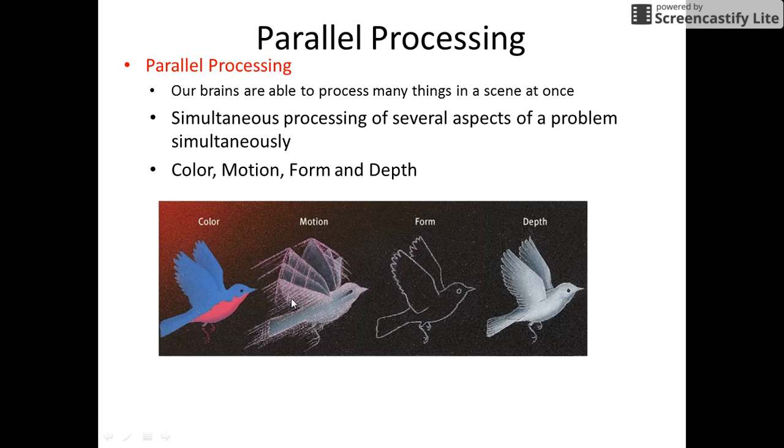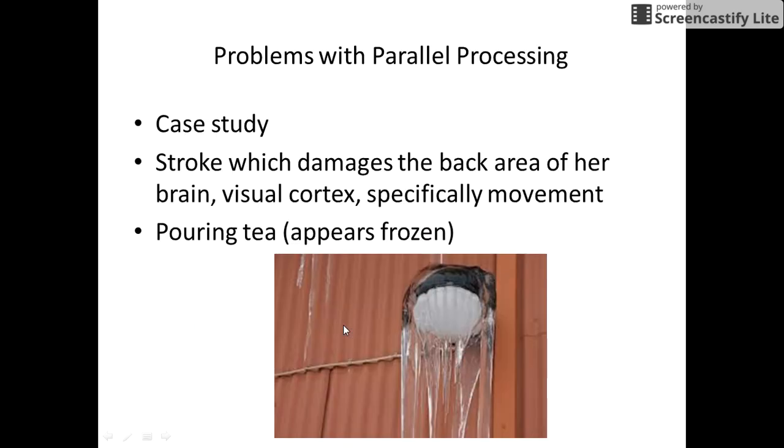We're able to understand motion of things because of parallel processing. All of this is happening at once. So imagine you understand that water flows out of a faucet, and you could see the different parts of the water, the different drops, you could see it moving, you could see the color all at once. However, if this was damaged, you wouldn't understand a faucet running.